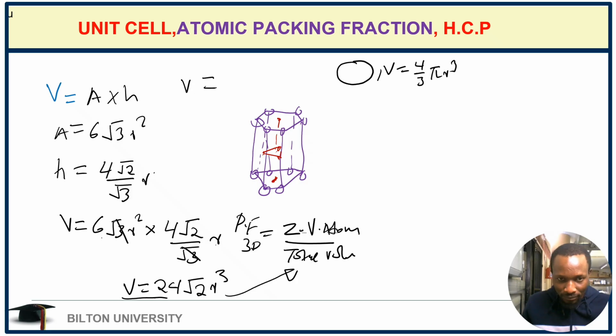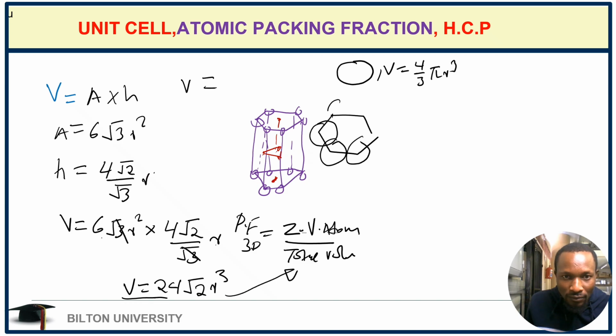Let's calculate Z. Now, if you look at Z, which is the effective number of atoms, or the contributions of the effective number of atoms, let's look at each corner cell. Remember, we did say previously, when we were looking at 2D, this is 1, 2, 3, 4, 5, 6, with one atom at the center, for every unit cell.